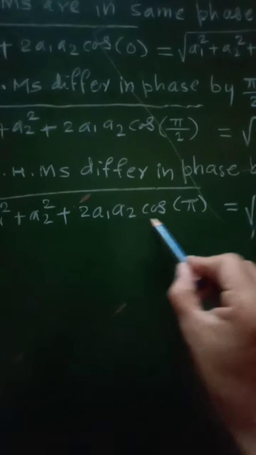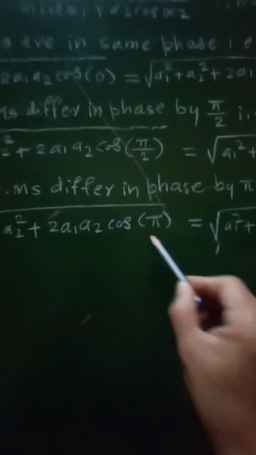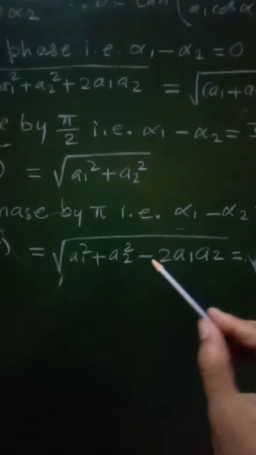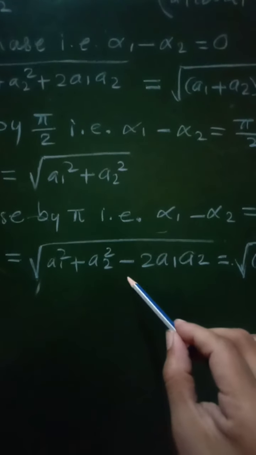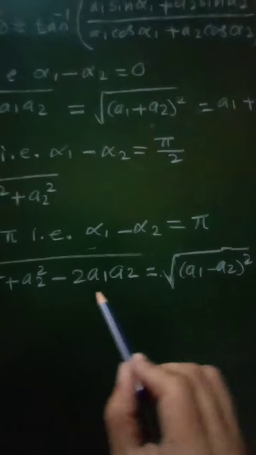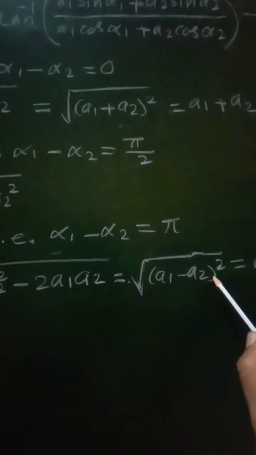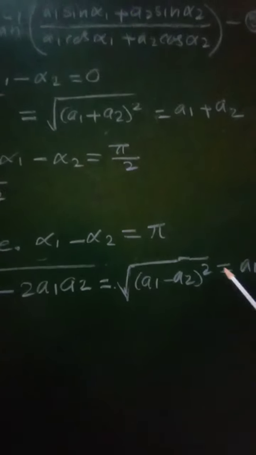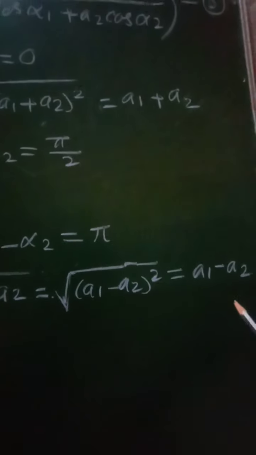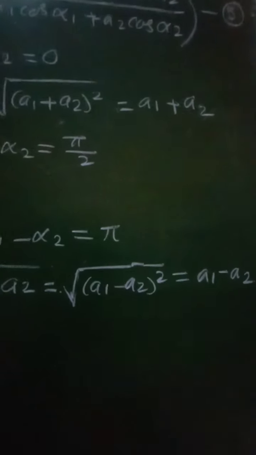But the value of cos pi is -1, and therefore this term will become minus, and therefore we can write square root of a1 square plus a2 square minus 2a1 a2. This is the expansion of a1 minus a2 whole square. Again square root and square will get cancelled, and we will get r is equal to a1 minus a2.